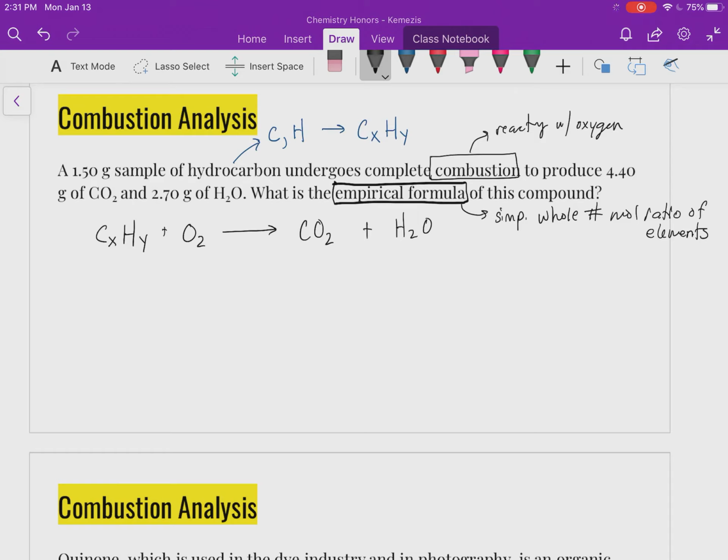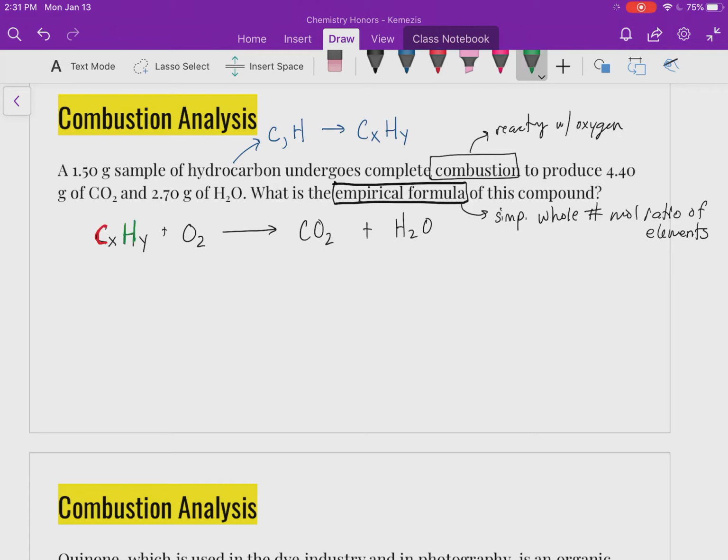In this case, we have masses, but it's not masses of pure elements, it's masses of compounds. So we have to think about our problem solving and understand how we can find our moles of carbon and our moles of hydrogen. So I'm going to put carbon in red and hydrogen in green.